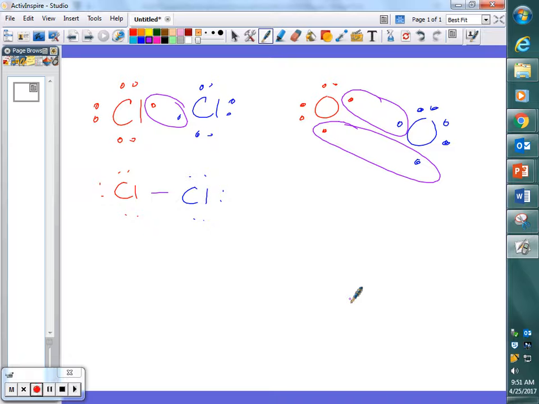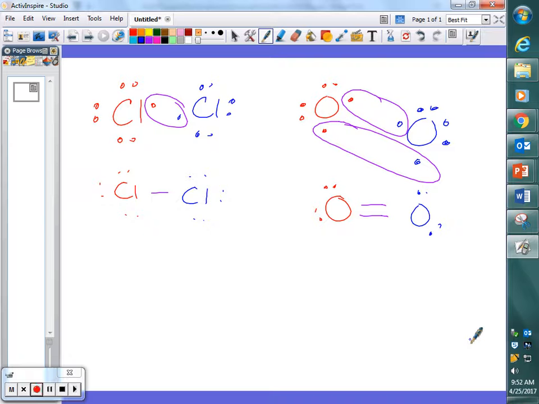So we could represent this molecule like this. Right. Remember, each line represents a pair of electrons being shared. Okay? Good there?